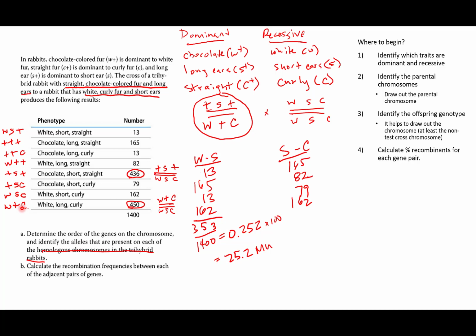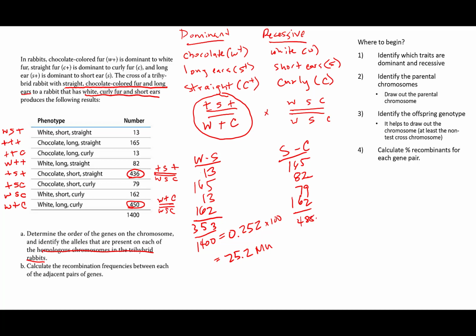Last one, plus C, 4. It's not a recombination, so I don't write it in. So 165 plus 82 plus 79 plus 162 is going to equal 488.